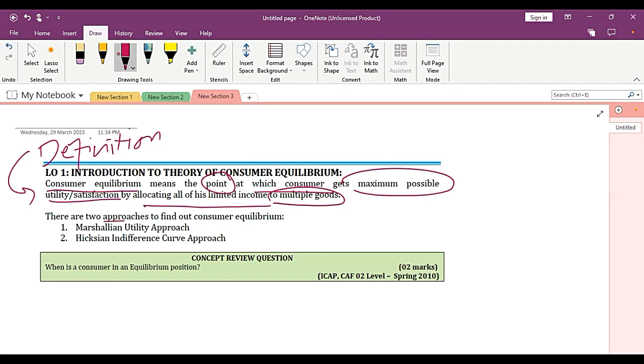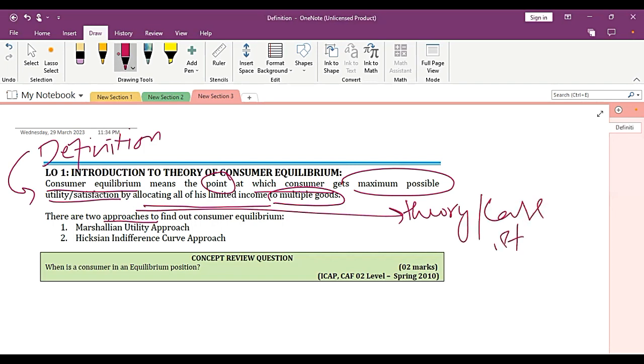There are two approaches, meaning two theories, in order to find out what the consumer equilibrium point level is. The first approach is the Marshallian utility approach and the second one is the Hicksian indifference curve approach.